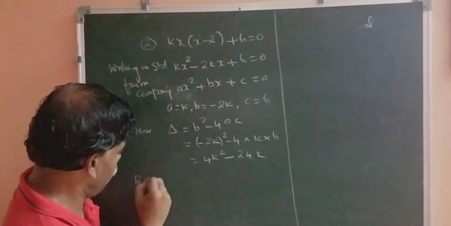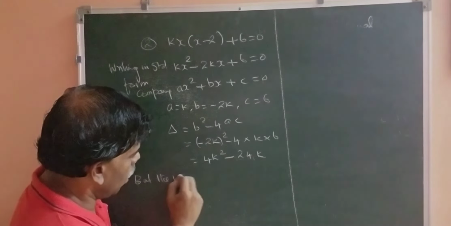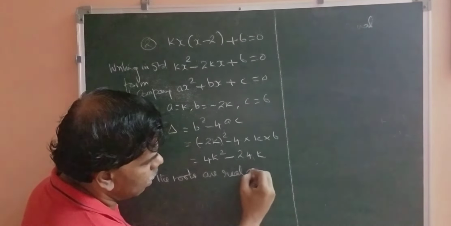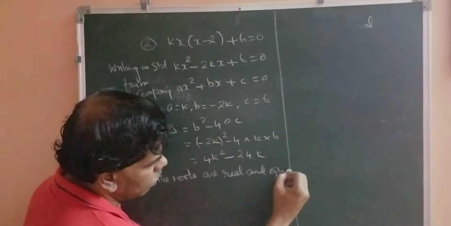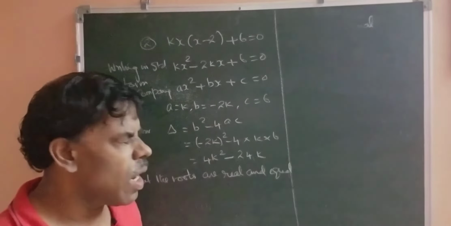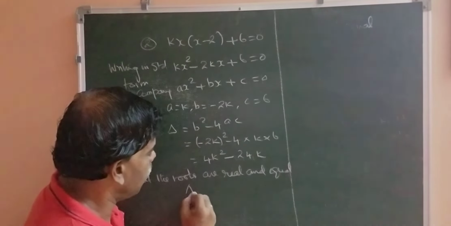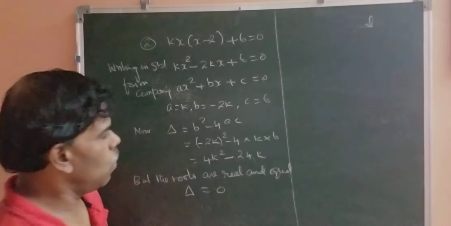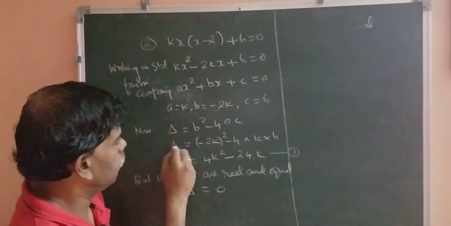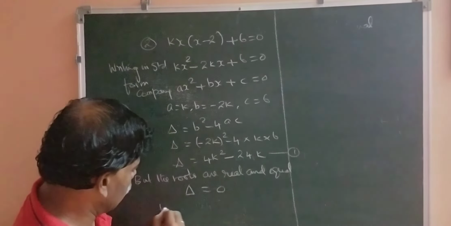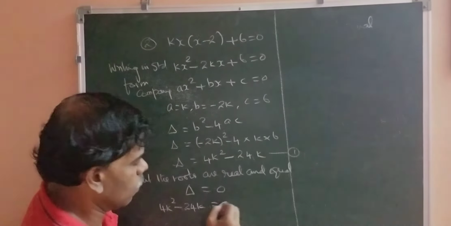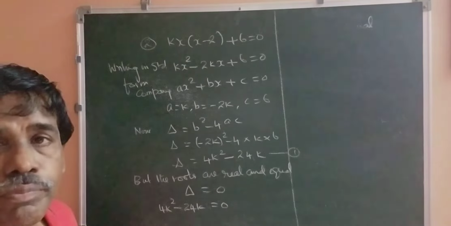But the roots are real and equal. The roots are real and equal means what is the condition? Del should be 0. But what is the value of del here? 4k square minus 24k equal to 0.